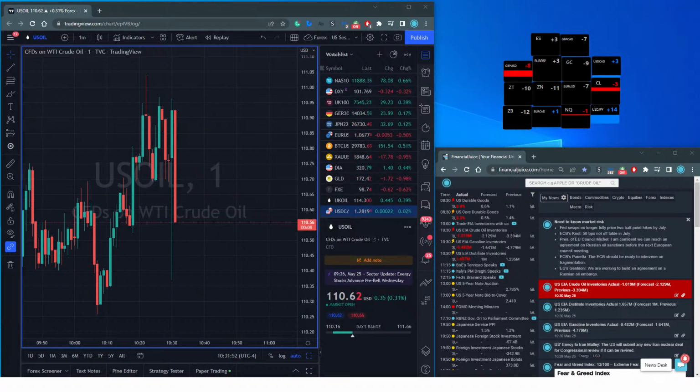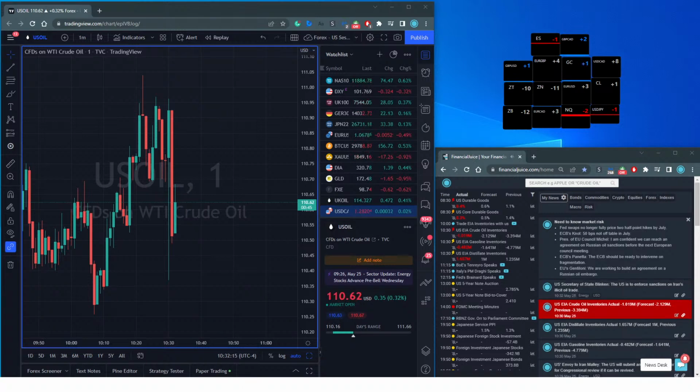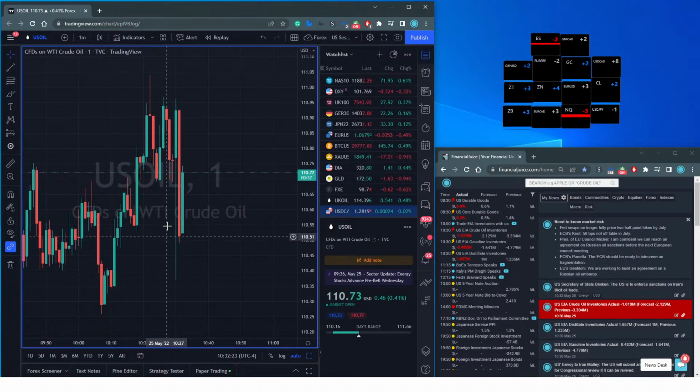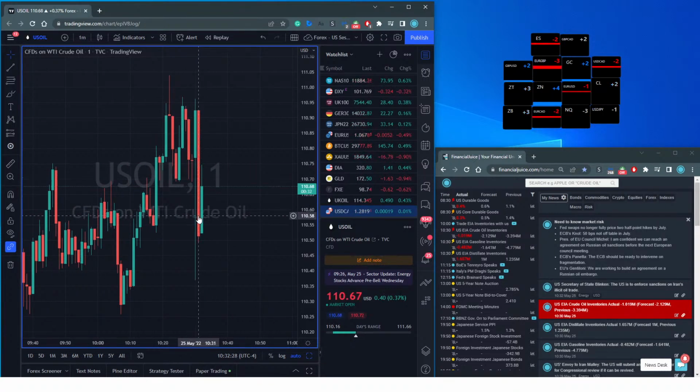So the deviations then, we had seen about 1 million deviation on the headline figure, and then gasoline similarly a 1.1 million deviation, and then distillate about 0.6 million deviation. So it didn't really meet what we were looking for today with sentiment driving the markets, about an 8 million deviation on the headline figure, which is quite large. But I think rightly so with how WTI reacted to the release.